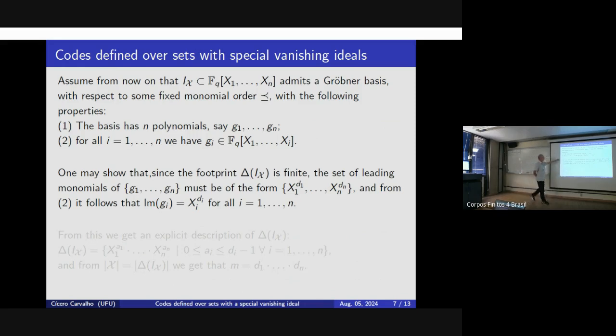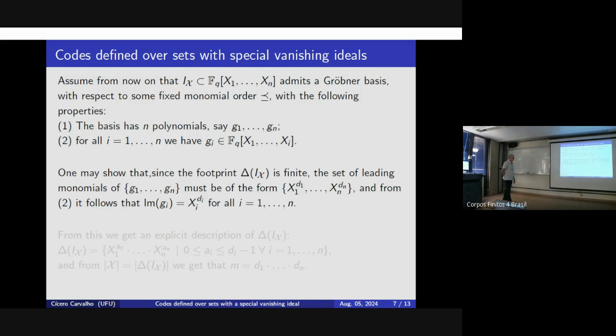For example, you know that the leading monomials of this basis are of this form. You know that only Gn has the variable xn, so the leading monomial of Gn must be xn to dn, and so on. Okay?